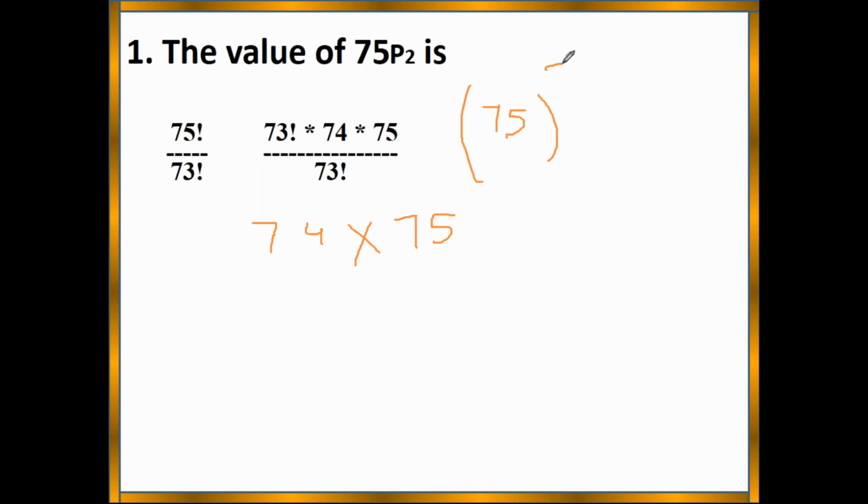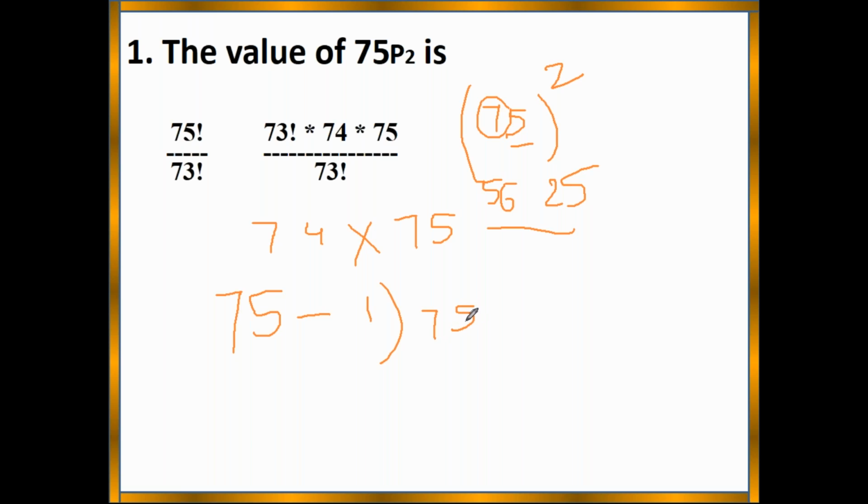How to find the square of any number ending with 5? 5 square is 25. Next number to 7 is 8; 7 eights are 56. 5625 is the value of 75 square. Now 74 into 75 can be written as 75 minus 1 into 75, which is 75 square minus 75. So 5625 minus 75 is 5550.